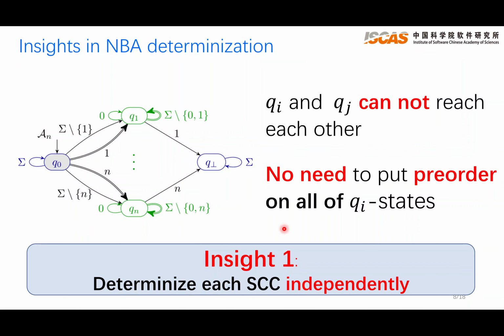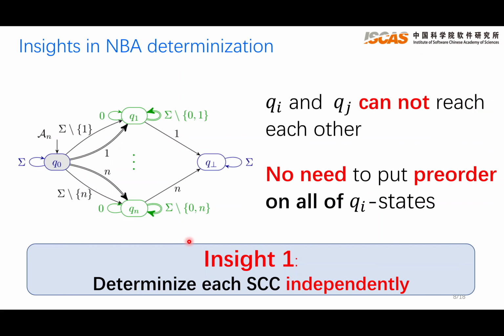However, we observe that two different states Qi and Qj cannot reach each other because they belong to different SCCs. So the runs looping on them will not affect each other. So there's no need to put an order on all of those states to distinguish those runs.